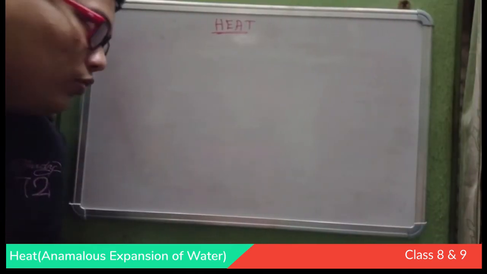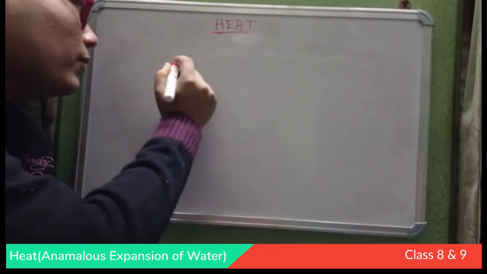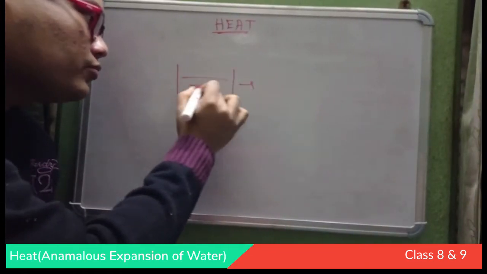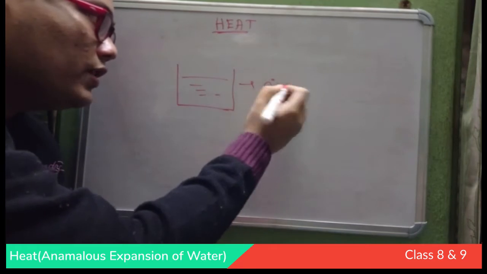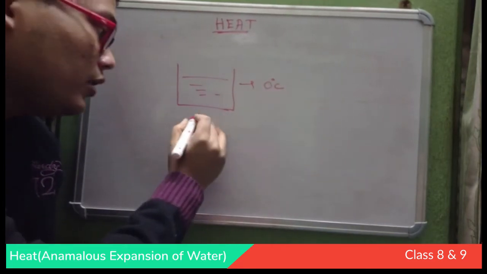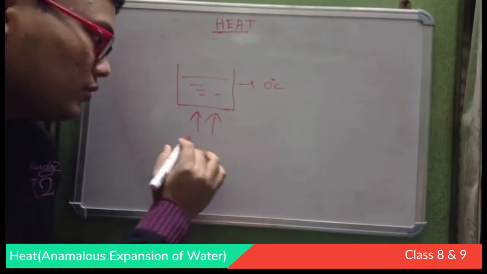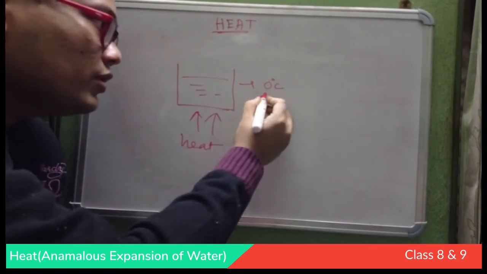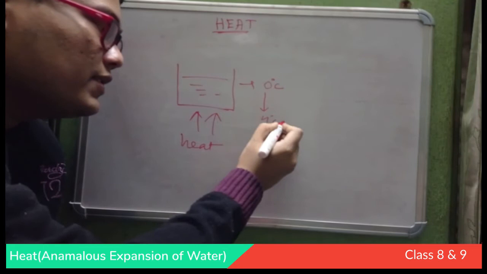Now if we do the reverse process, for example say that we have kept water at 0 degrees Celsius and we have started heating it. We have applied heat, so its temperature will rise up to 4 degrees Celsius.